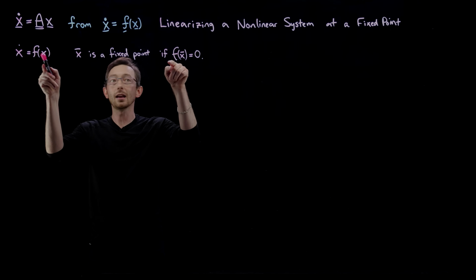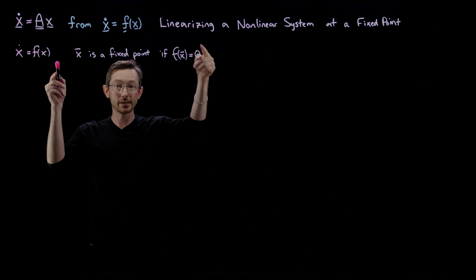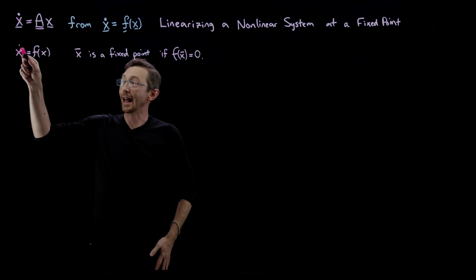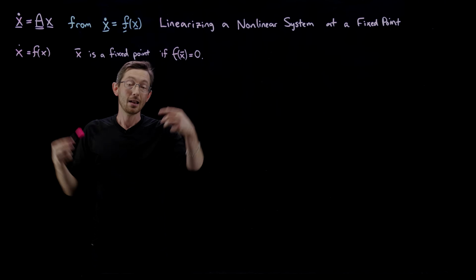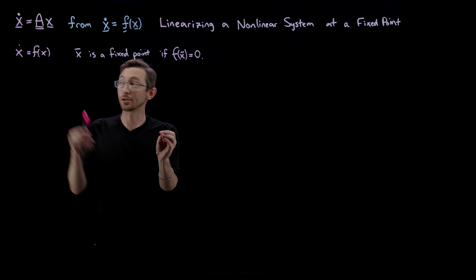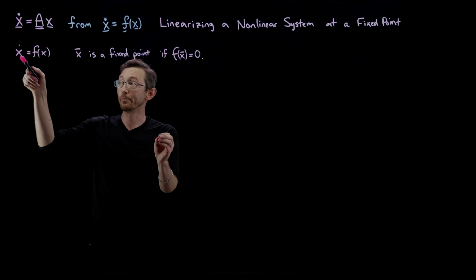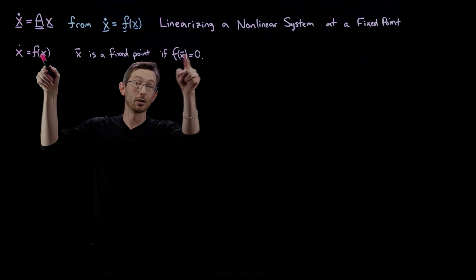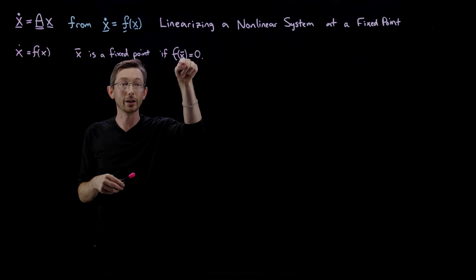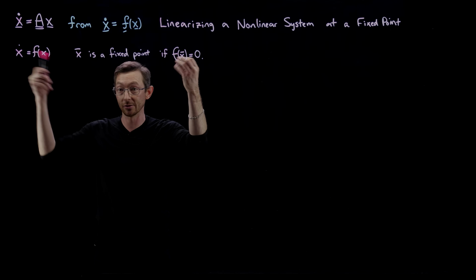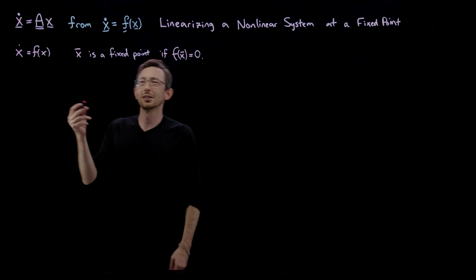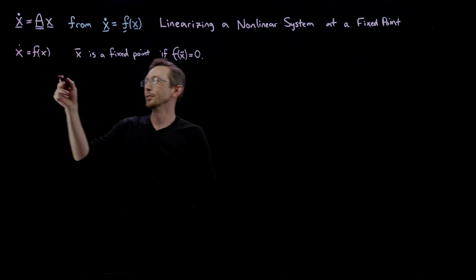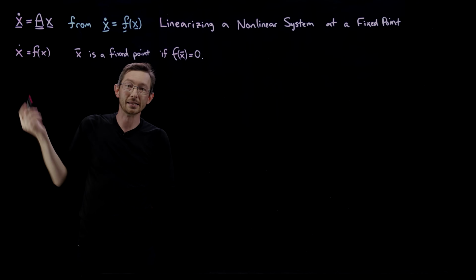If my function evaluated at x bar equals 0, then that means that d/dt of x is 0 at that point, meaning that it doesn't change in time. There's no dx/dt because f of x bar equals 0. So if I start at this point, I stay at this point because it's fixed, because there's no change in time from that point. Good, and so kind of in a word, d/dt of x bar would be 0.